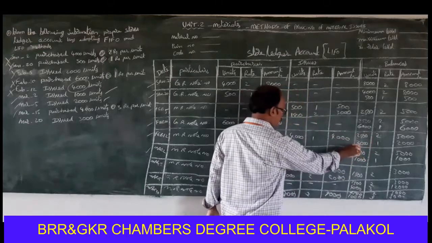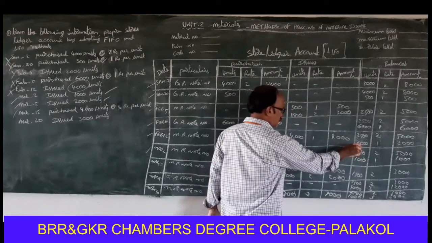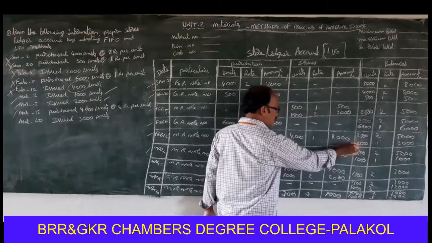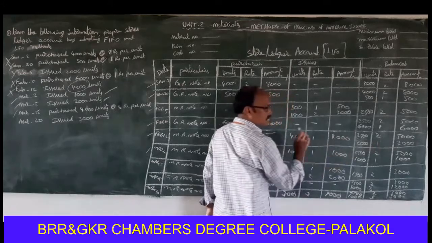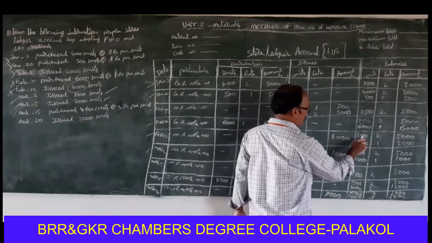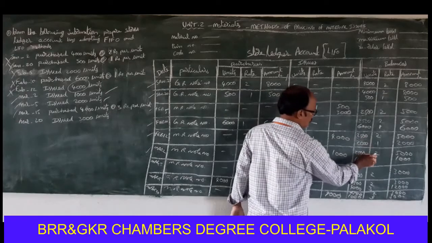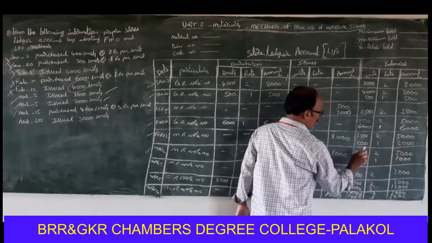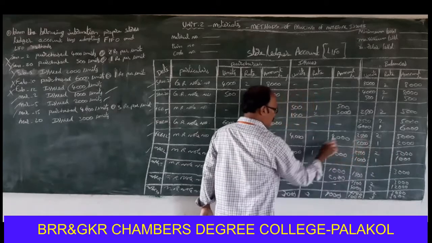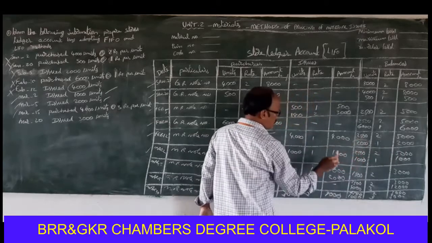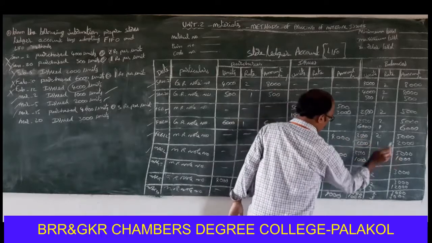So 1,000 at the rate of 1 rupee per unit, 1,000. The remaining 2,000 units at the rate of 2 rupees per unit, 5,000. 2,000 minus 1,000 is 1,000 units, 1,000 into 1, 1,000.